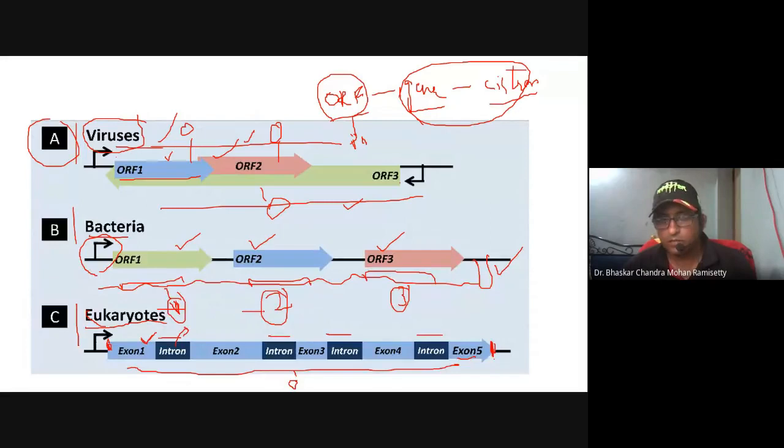Whereas if proteins are produced through alternate splicing, there will be a lot of similarities, because the reading frames and the exons are the same. Only the combinations of the exons are changing. So you'll have a lot of similarities between the different types of proteins produced through alternate splicing.